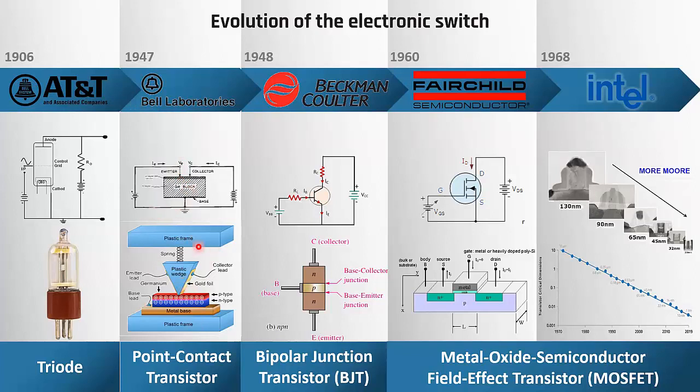This is the point contact transistor, which we saw was invented in 1947 and is considered maybe the biggest invention in modern history. And then Shockley left and went to Beckman Coulter because he couldn't stand that he didn't invent the transistor. And he knew that there were many problems with that point contact transistor. And he knew that he had an idea that was better. He just wasn't able to do it before the war.